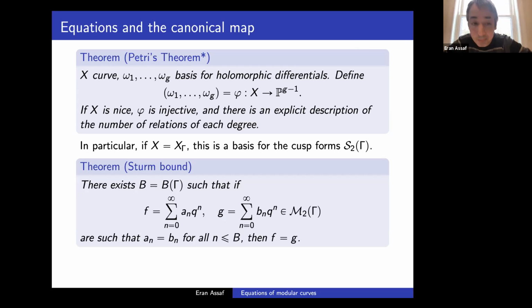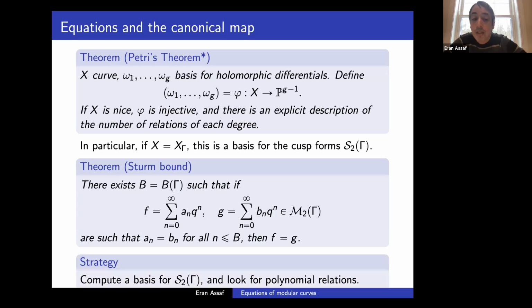The next thing we need is a result known as the Sturm bound: in order to compare two modular forms, it's enough to compare their Fourier coefficients up to a certain bound. These two results combine to give us a good strategy to obtain equations for our modular curve.